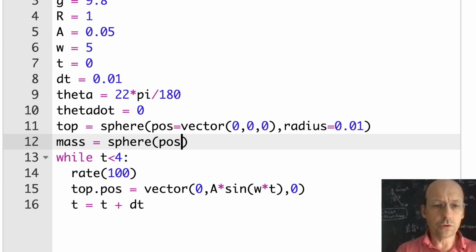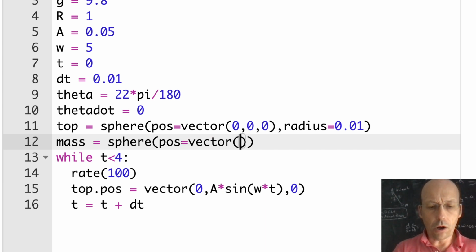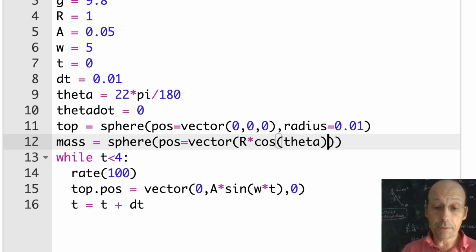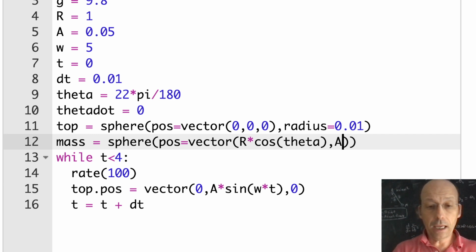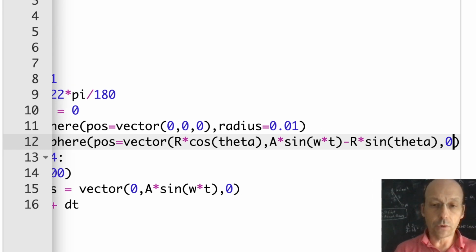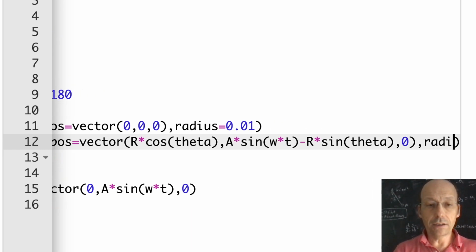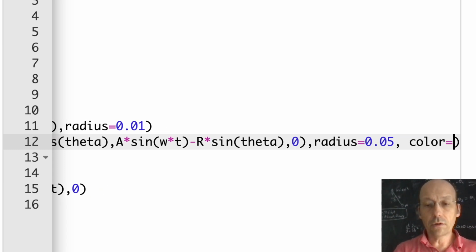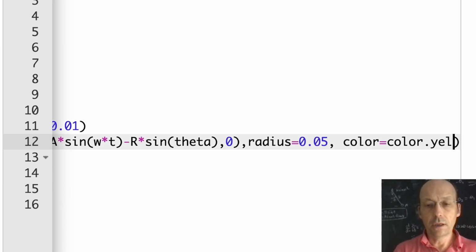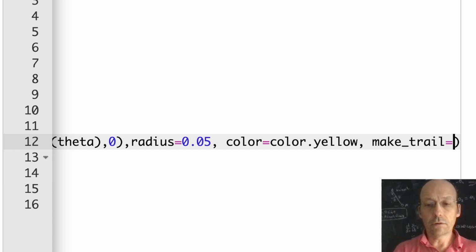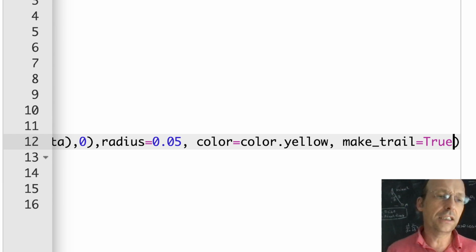The position is going to be equal to vector r times cosine theta, right? That's exactly what I had up there. Y is going to be a times sine omega times t minus r times sine of theta, and then the z coordinate 0. Now I need to give it a radius. It should be bigger, so radius is 0.05. Color is yellow. And then make trail equals true. Okay, let's just run it and see if it's even there.